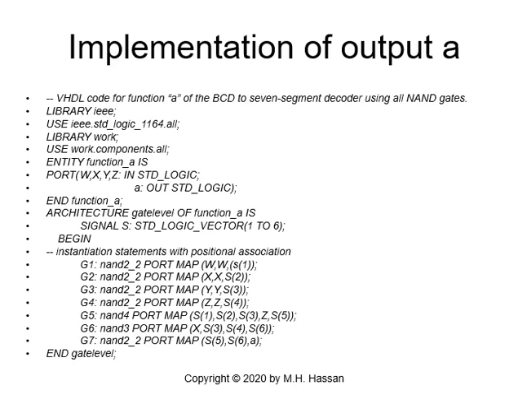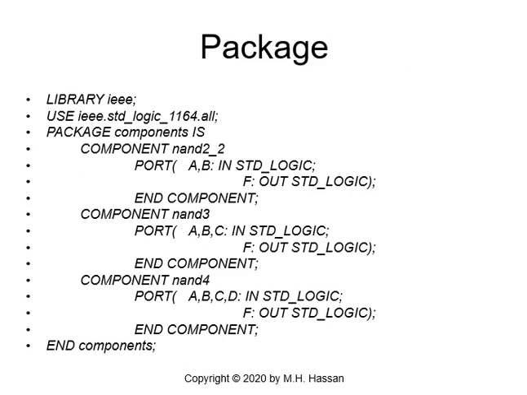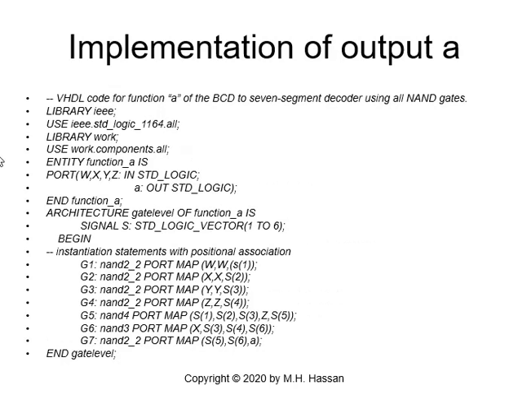Now, we said we can implement A without having a package. If I don't define this package program here, which I highly recommend, because once you define it, all the components will be in library work.